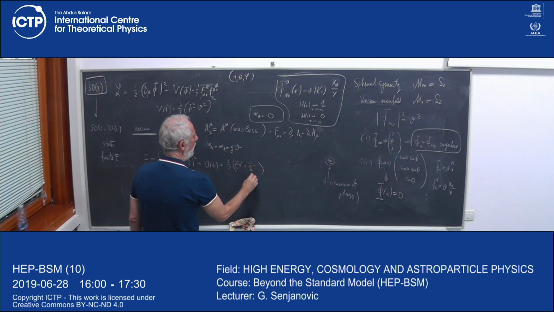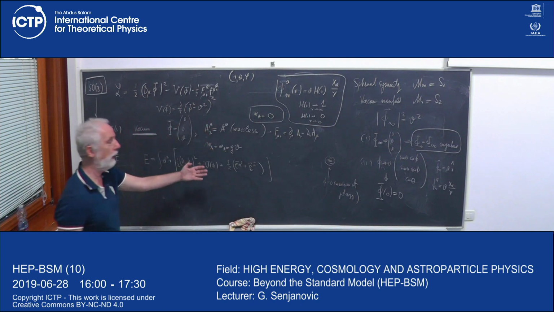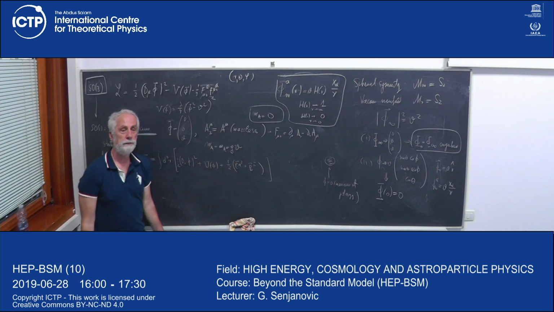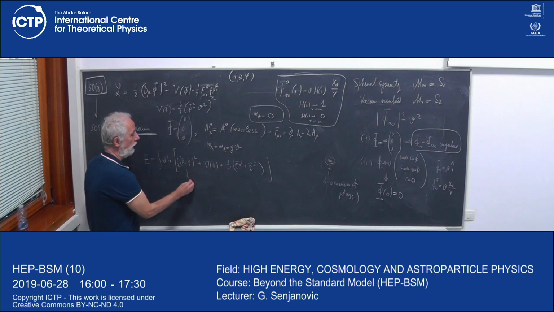There are 3 electric and magnetic fields. And the energy of a static solution, right, is this plus this plus this. What I need, that this goes to 0 at infinity, you agree?